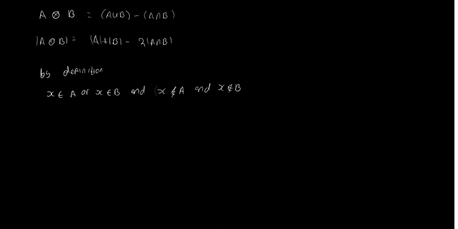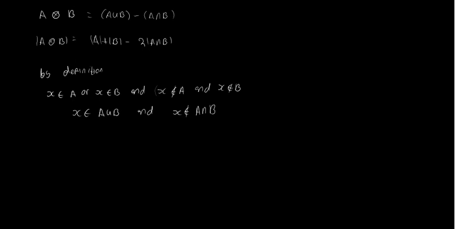Basically, if we have an element x, it means that element is a member of A or B, but not both. Hence, it's an element of A or B, and it is not an element of A and B at the same time. So from here we can say x will be a member of A union B, and x will not be a member of A and B, which is the intersection.